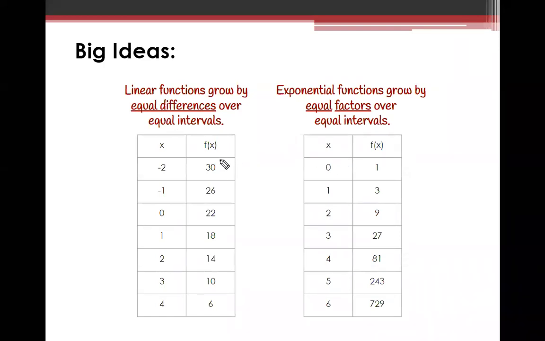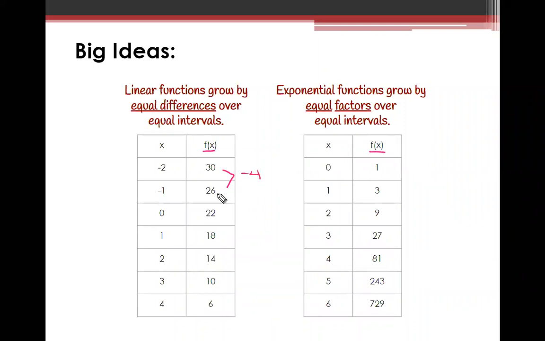So this is what we're focused on, right? Because of the equal intervals, we're focused on the y table. So if we are at 30, how do you get to 26? Minus 4.